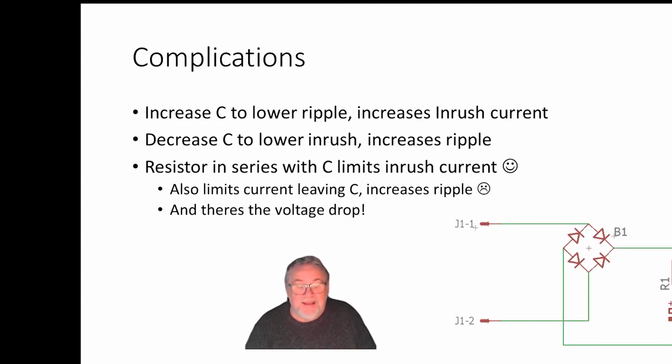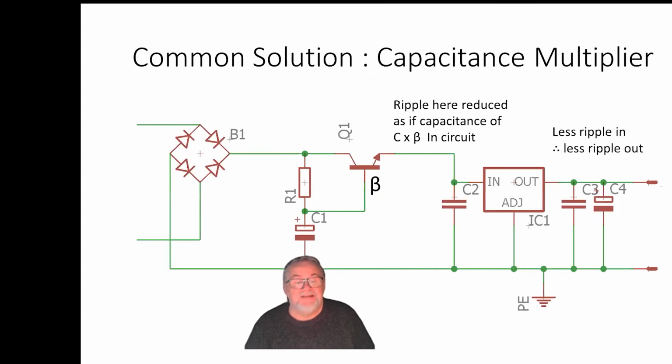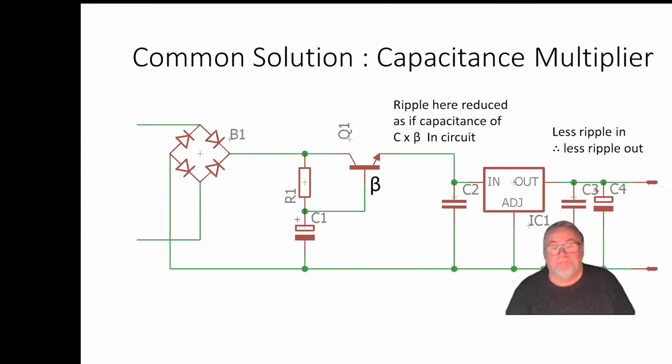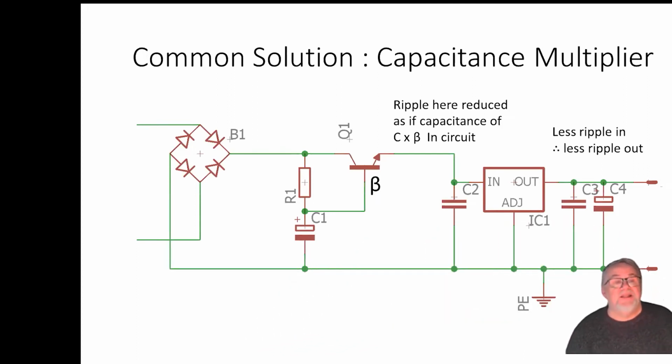There is an ideal solution, however, and it's this. Remember that transistor in the tail trick that I did with the Zener diode? This is the same trick, only this time it's with the capacitor. I've effectively multiplied the capacitance of that capacitor by 100. So instead of having a 100 microfarad capacitor, I've got a 10,000 microfarad capacitor, except for the inrush current.